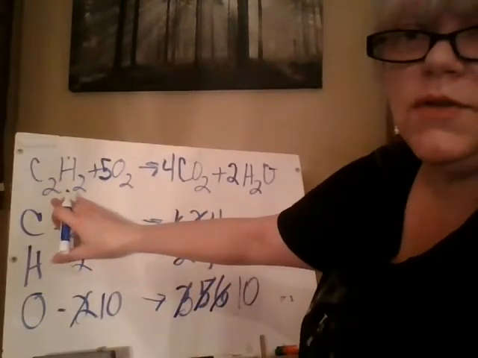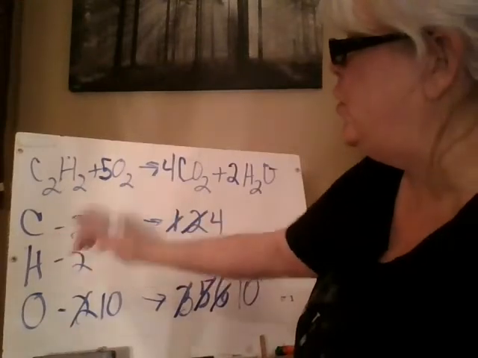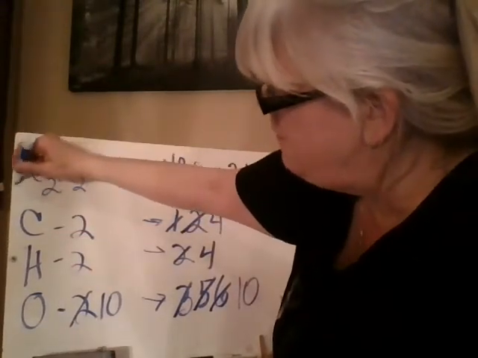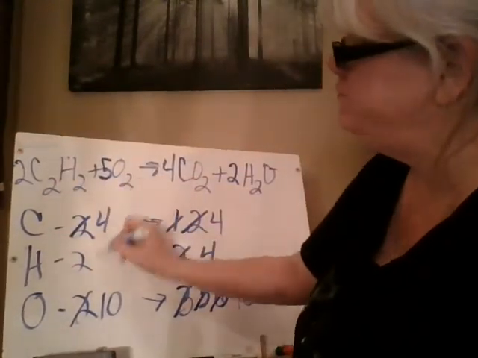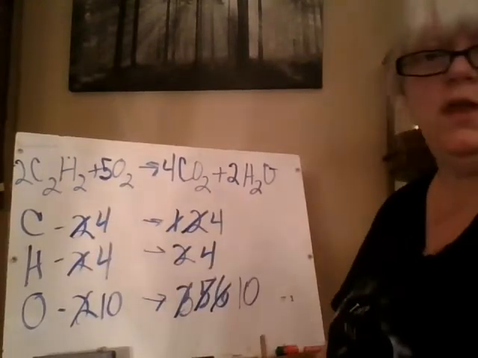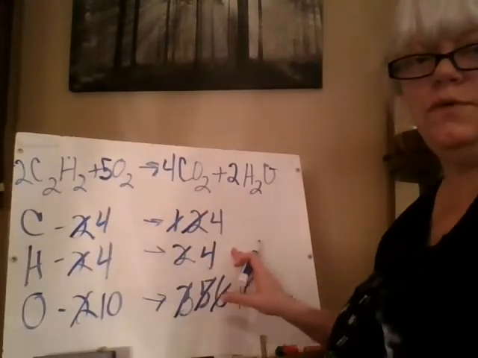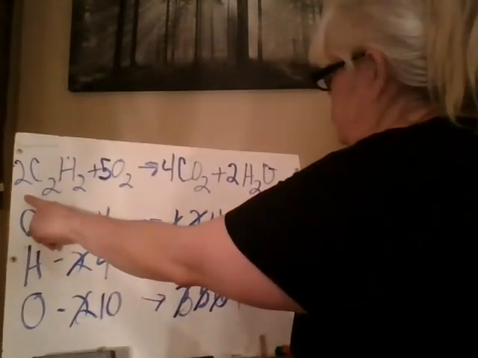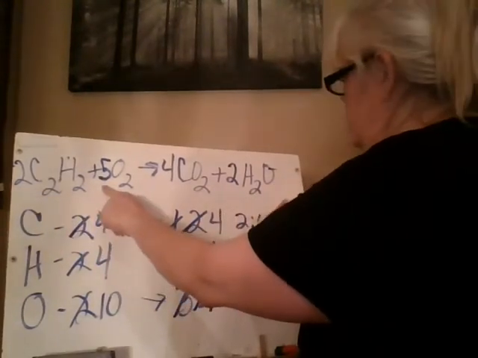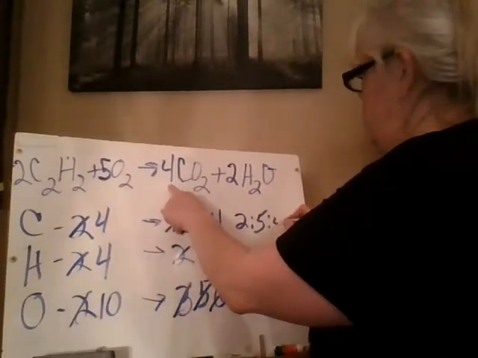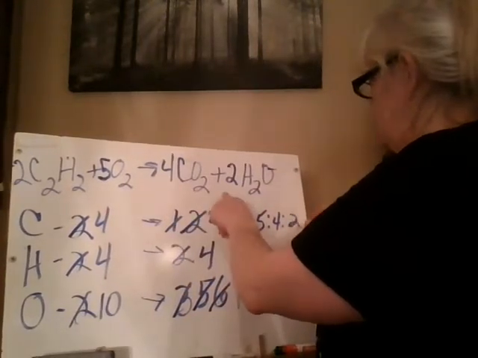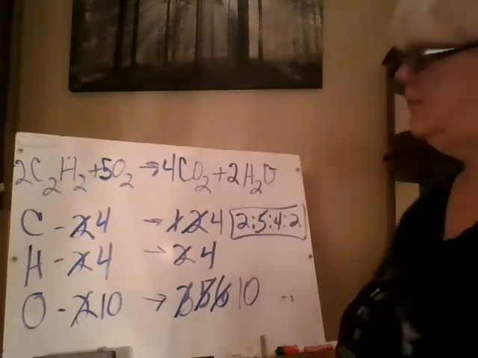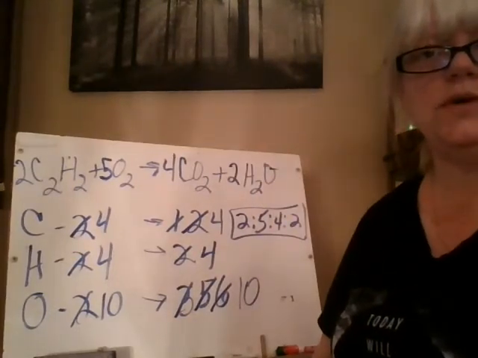They're both sitting here in the same formula. So if I double them, voila. Okay, 4 and 4, 4 and 4, and 10 and 10. So my answer would be 2 to 5 to 4 to 2. There's my answer, 2 to 5 to 4 to 2.